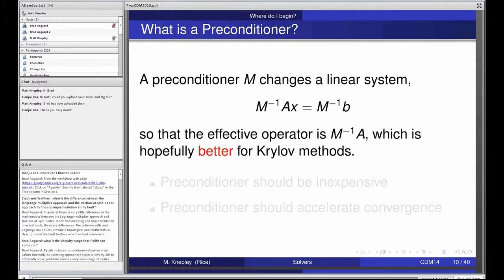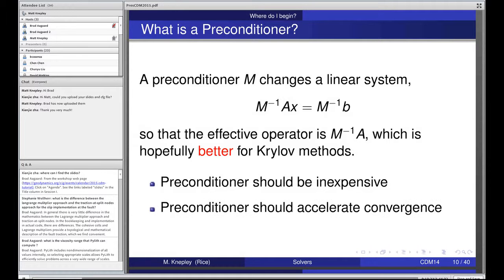The normal way you think about preconditioning is the preconditioner should be inexpensive and it should accelerate convergence. I think that inexpensive might now be the wrong way to think about it. Really what we want is each solver that we use, each subsolver, I guess, should accelerate part of the convergence.